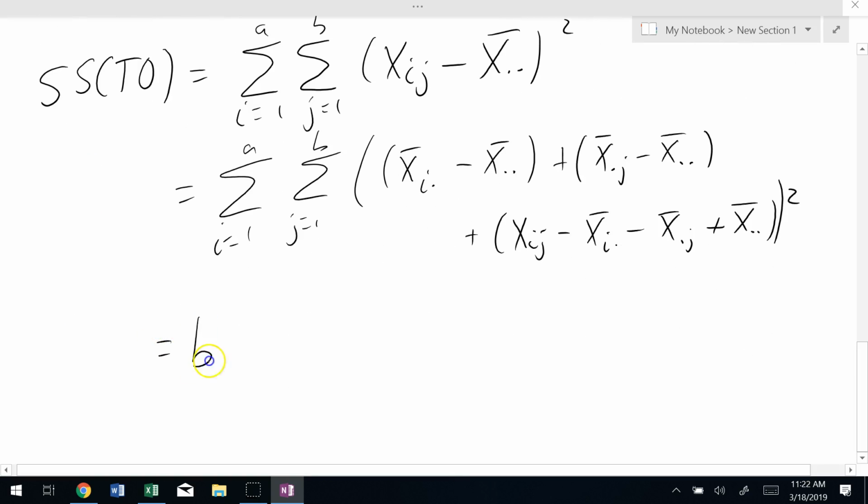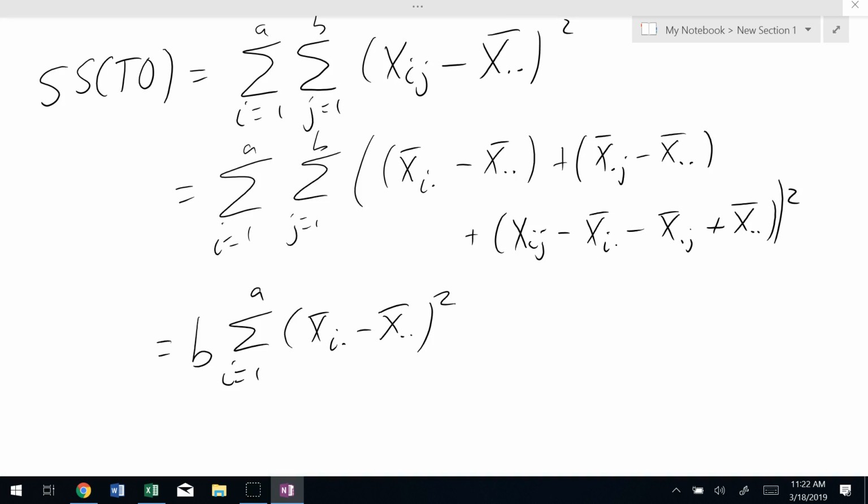You'll get a b times the sum from i equals 1 to a of (x bar i dot minus x bar double dot) squared. The reason for this, where the b comes from, is that when I square this term, there are no j's, so this inner sum is just adding this to itself b times. That's where this b is coming from.